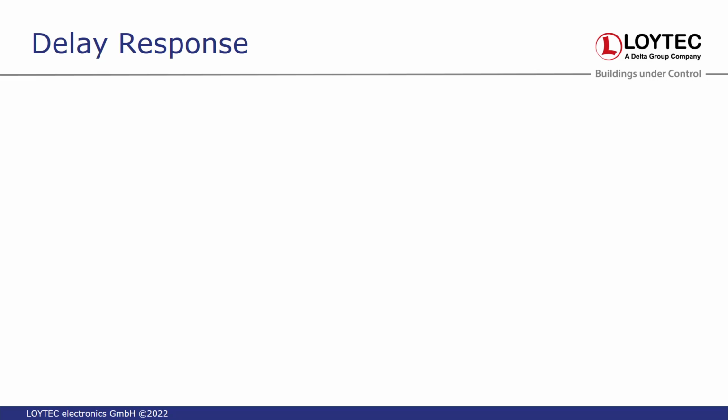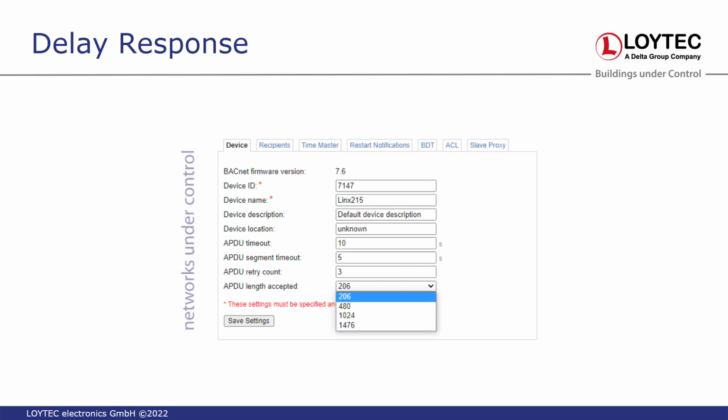Yeah, I see. In this regard, maybe the network is just too congested. You could try working with the COV deltas, so you do not have that much traffic. And what I've actually personally seen is that on the WebUI, you can configure this APDU length, right?